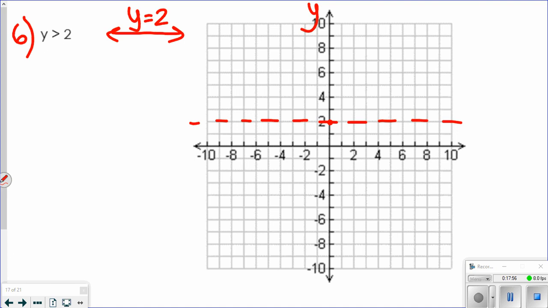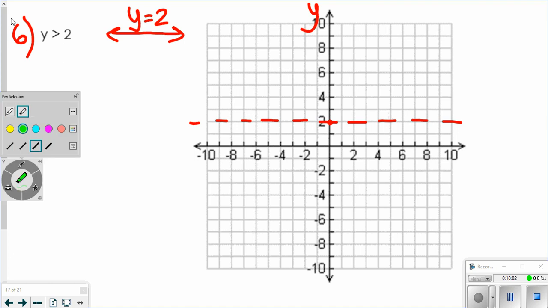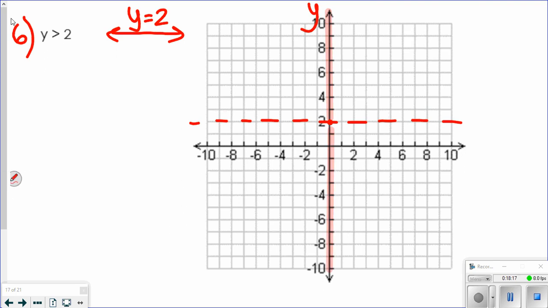And this is saying I need all y values greater than that. So vertically up and down, think about, are these y values greater than 2? Or if you would like, you can plug in a 0. Is 0 greater than 2? False.